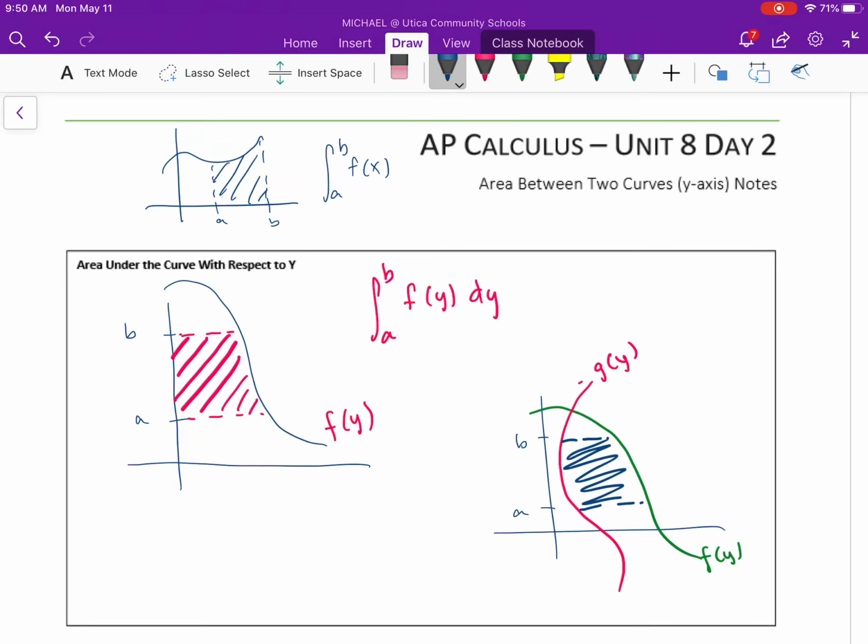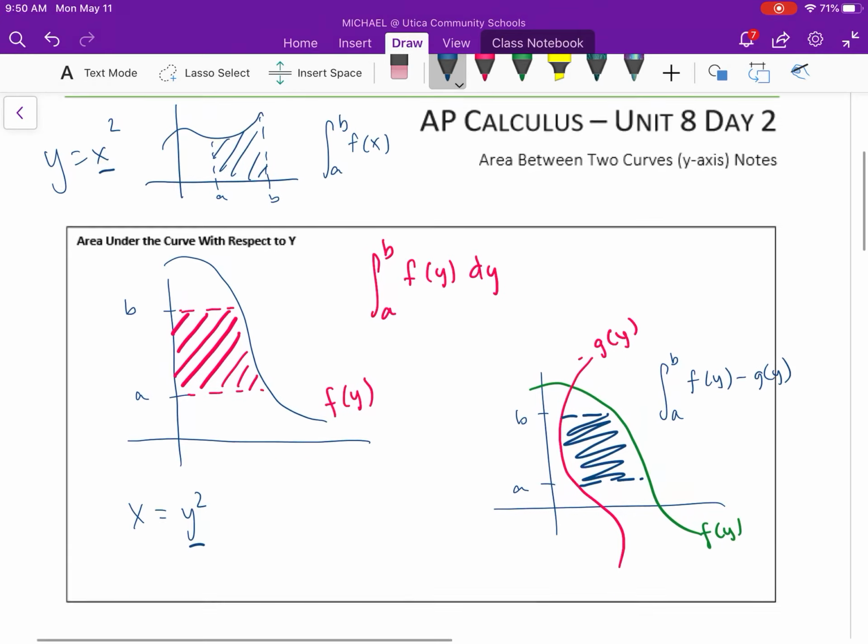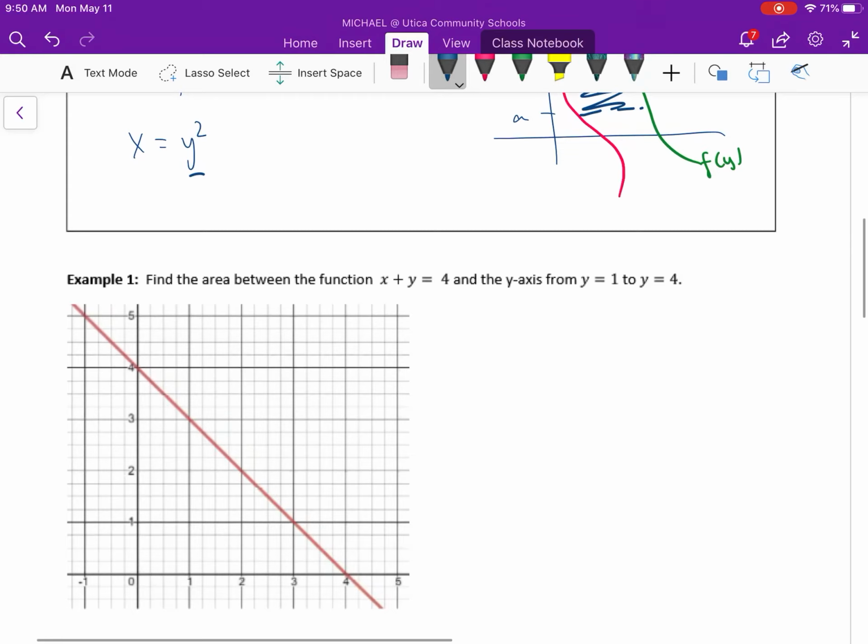The area between those two curves is going to be the integral from A to B, and this time instead of top minus bottom, we're going to go right minus left, so f of y minus g of y. So that's how it's going to work. Instead of equations looking like y equals x squared, they're going to look more like x equals y squared. So your function is going to be in terms of y instead of in terms of x.